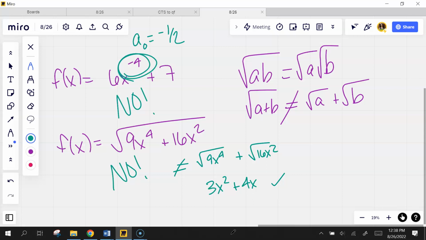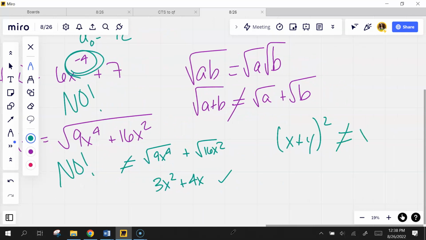I can split multiplication, but I can never split addition or subtraction. It depends on if it simplifies down to a whole number exponent.